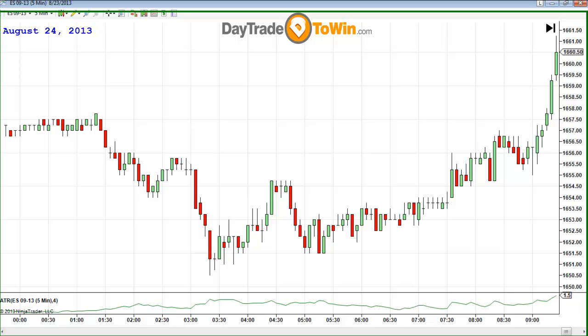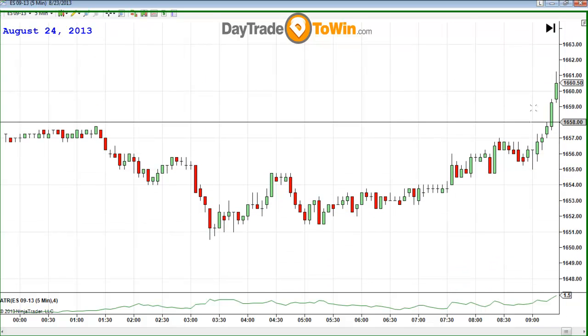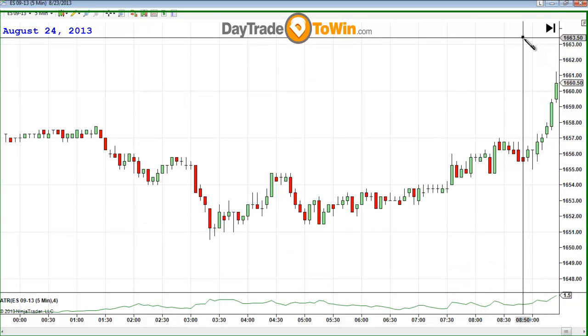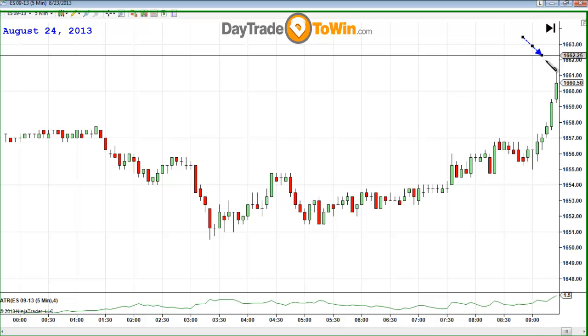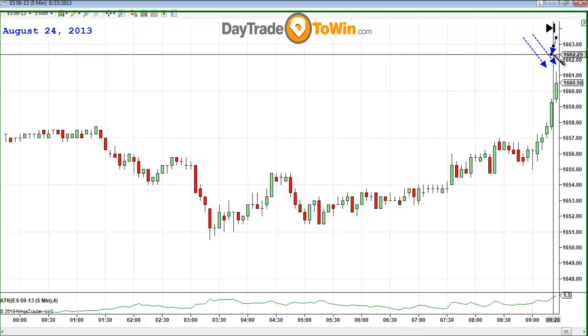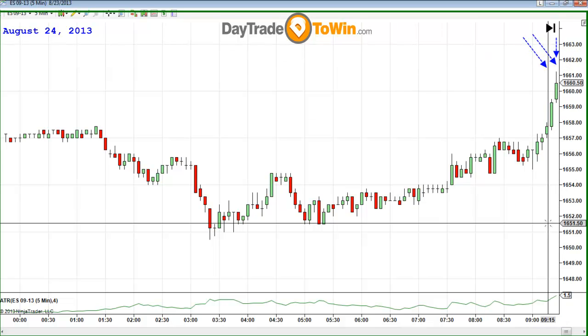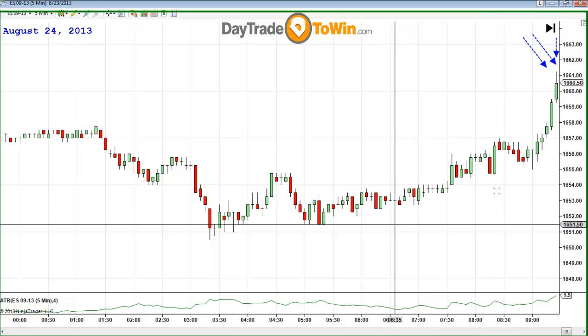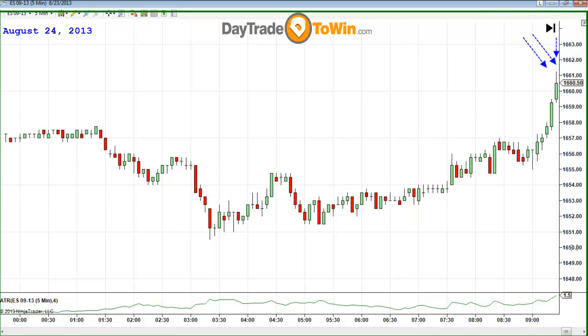There's no reason why you should think about short. But there's a missing link here. The missing link is as soon as the market hit 1661, there was an overwhelming power of shorts that overrode all these longs, the little guy like you and I.